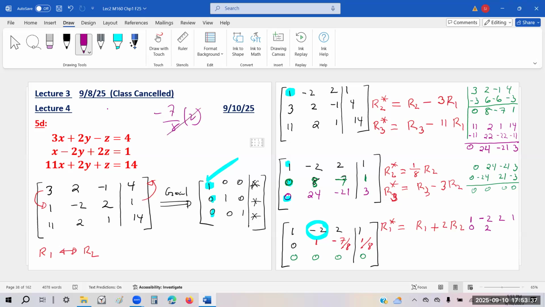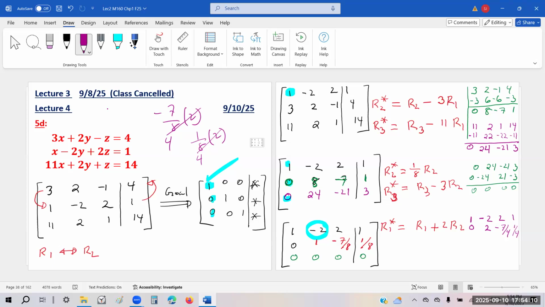You can cancel 2 and 8, you get 4. So you get negative 7/4. And then the last one, you have 1/8, and you're multiplying by 2. So 2 and 8 cancel out. You get 1/4. So 0, 2, negative 7/4, positive 1/4.